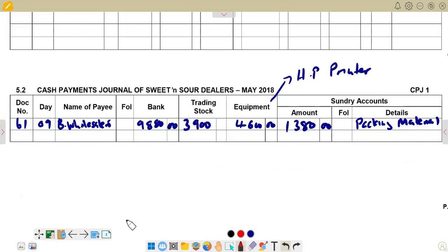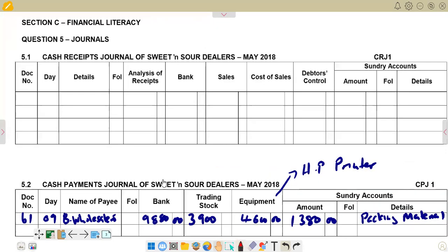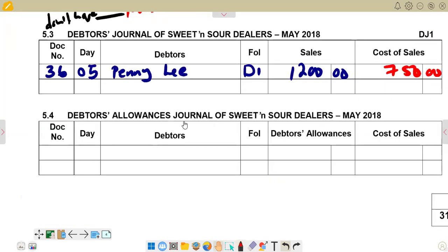If you come here, we can check where we have the debtors allowance journal. You'll see that we have it at 5.4, and we have a document number column. We are going to put credit note 09, so we're just going to say CN representing credit note 09. And then the day, remember, is 14, so we're going to put our 14 here.